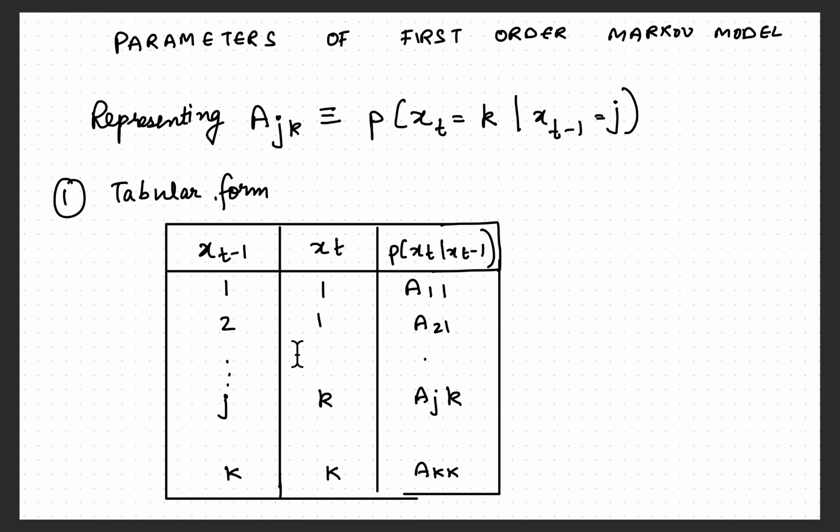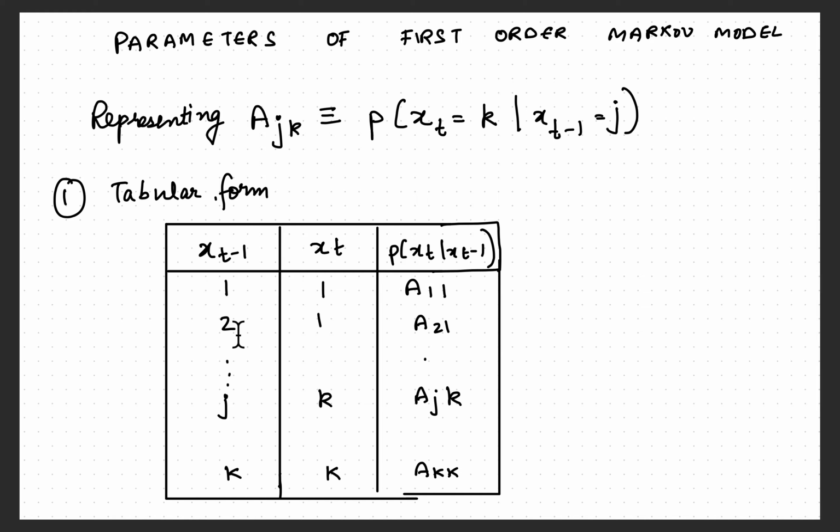So we said that each x of t could be one of K states. But similarly, we could have each x of t minus 1 to be one of K states. Thus, in this table, we are capturing the transition. If we look at the first row, it will be a1,1, because it is telling us about the transition from xt minus 1 equal to 1 to xt equal to 1.